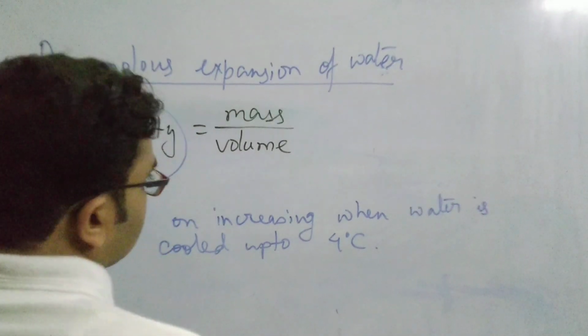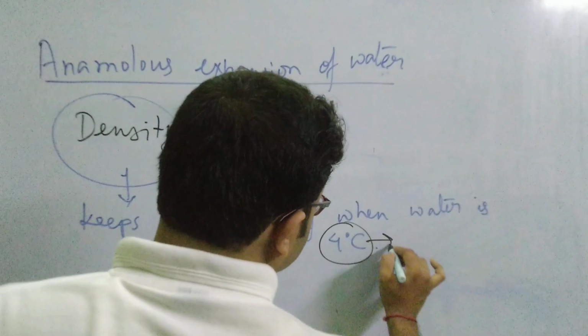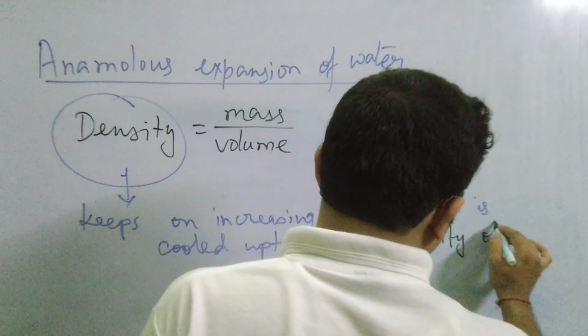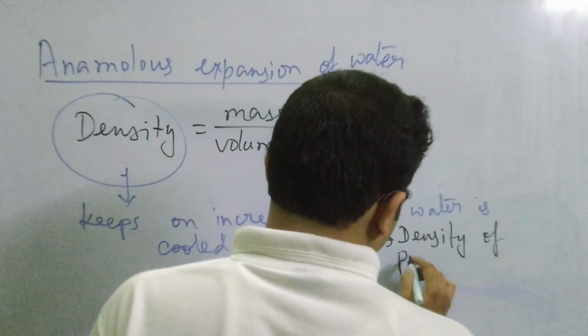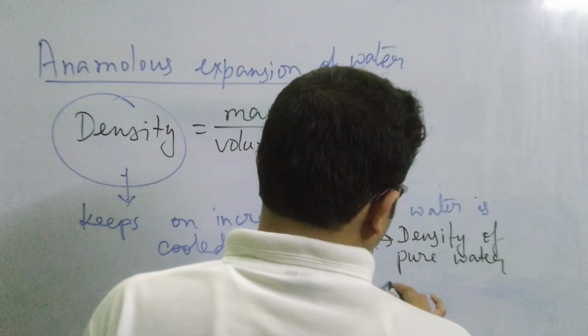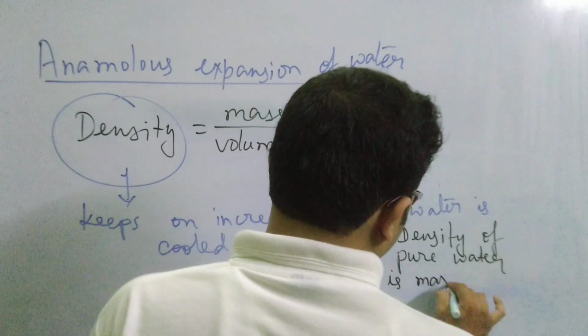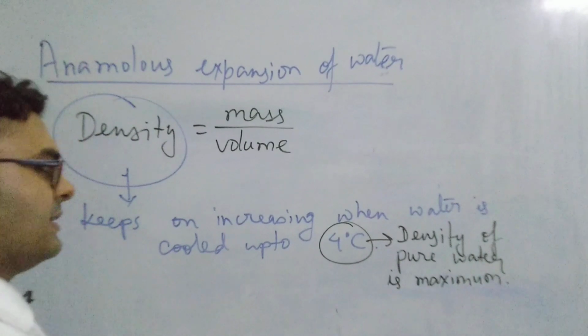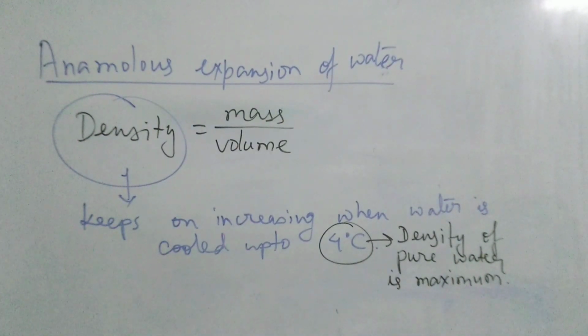So what happens at this temperature? The density of pure water is maximum. It will not increase anymore. And what is this value?